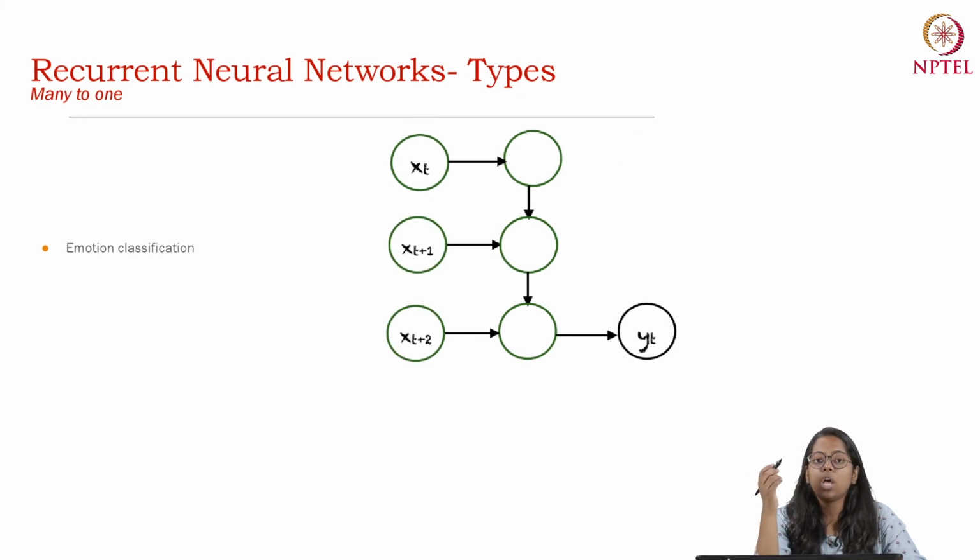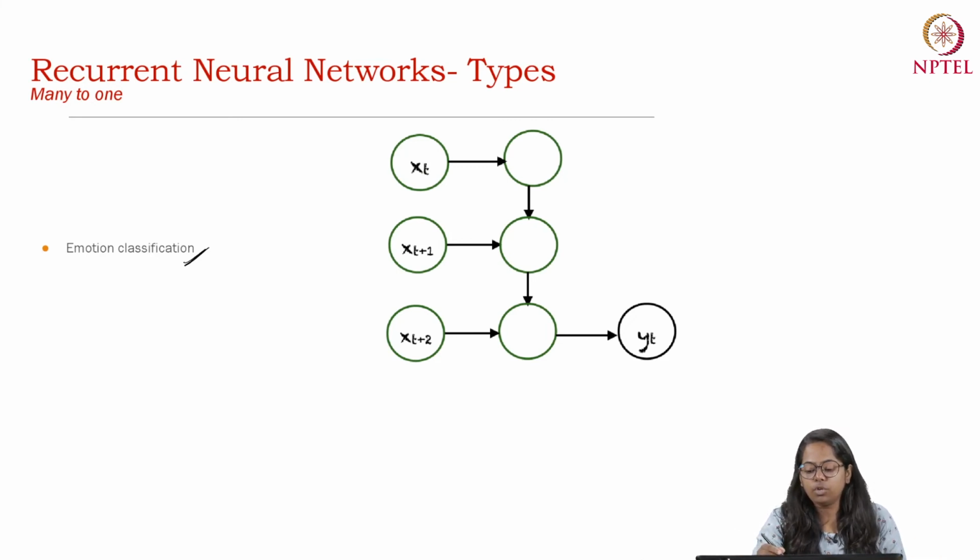Moving forward, we also have a many-to-one kind of structure, which can be used, for instance, for an emotion classification task. Suppose we are given a text or a tweet, and we want to classify this tweet into one of the emotions.